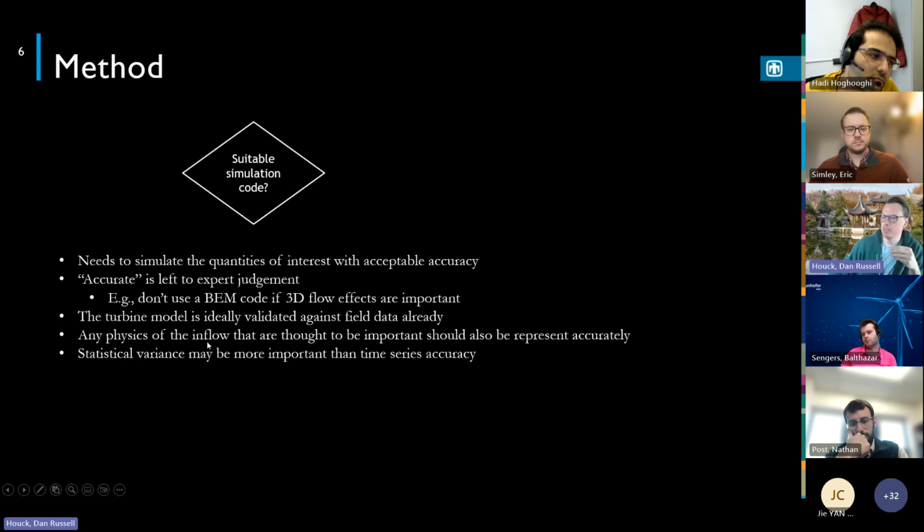But you can keep in mind the statistical variance. By that I mean that when you eventually bin everything, if you represent the right amount of variance there, that might be sufficient, even if when you dive into the time series results, you're maybe not seeing everything that you would expect to see. That's kind of a subtlety.